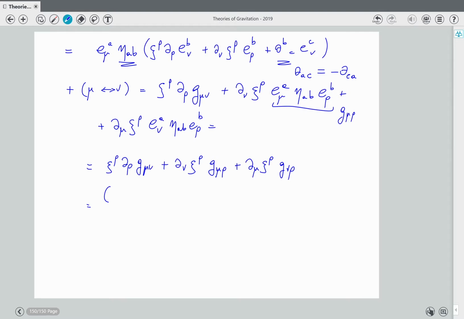If the torsion is zero and the metric is compatible with the connection, then we can also write this as covariant del mu psi nu plus del nu psi mu, where psi with the lower index is just psi with an upper index times the metric, so that its index is lowered.